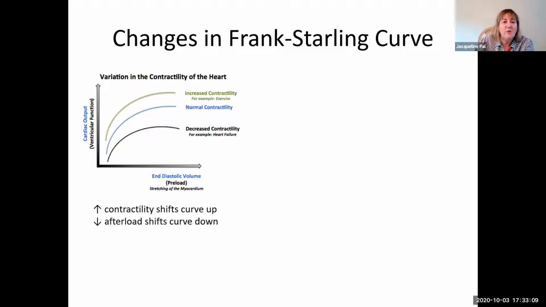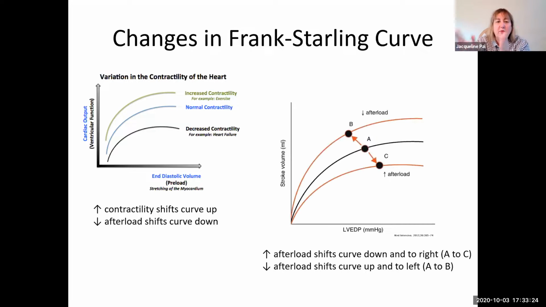So increasing contractility shifts our curve upward, while increasing the afterload is going to shift it downward, which is what this second graph shows. This second graph looks at left ventricular end diastolic pressure on the x-axis and stroke volume on the y-axis.